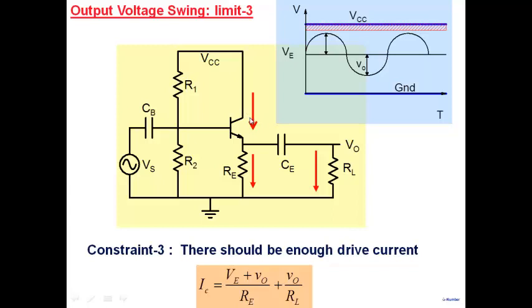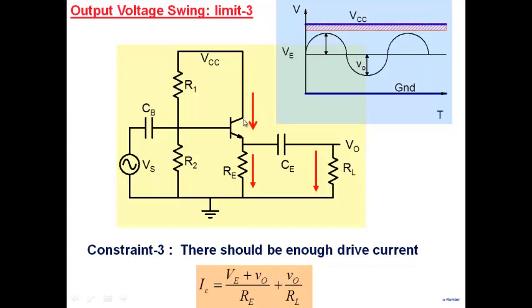It means that the current available here is less than what is required here, and therefore, the natural consequence would be that the output voltage will become less. If not enough current is available, V0 will not be equal to the value that we have. V0 will become smaller. Will that stage arise?